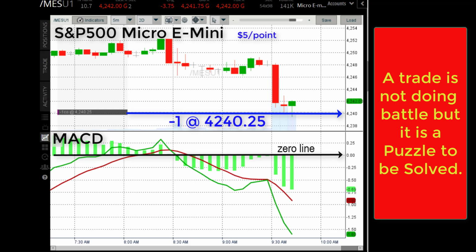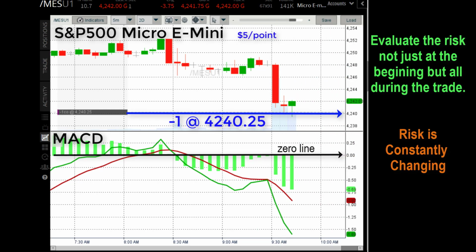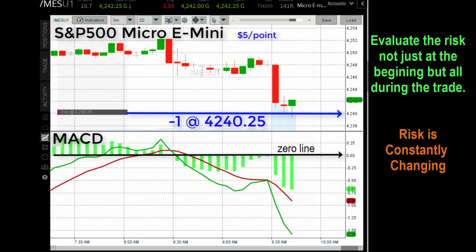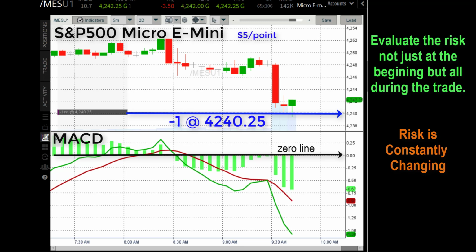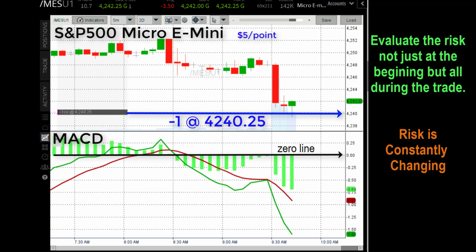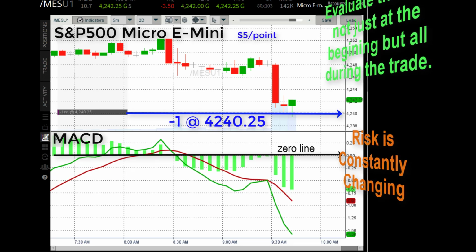Now, by selling a contract at a time when all four of the micros are down, the green line's below the red line, and they're both below the zero line, and the opening market is setting a trend that looks down so far. Whenever you go into a short trade with all those conditions, it's less risky than trying to guess when the market might change direction or things like that.